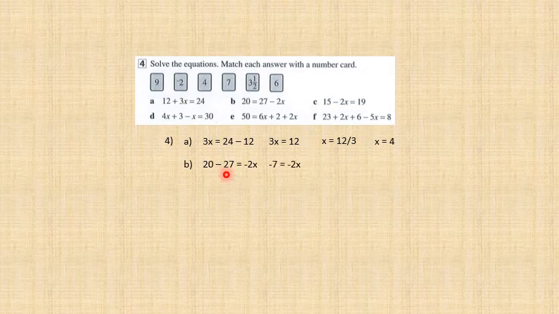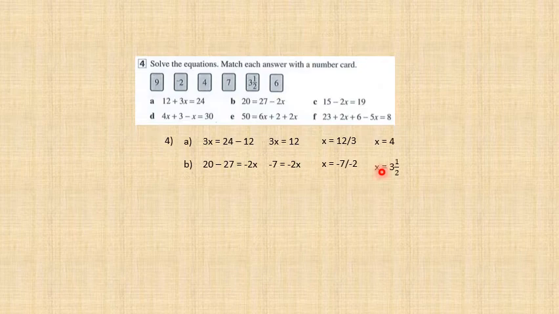So here 20 minus 27 is equal to negative 7, equals negative 2x. Then I will divide by negative 2, so I have negative 7 divided by negative 2. If you remember, negative divided by negative equals, exactly, positive. So it's going to be equal to 7 over 2, which equals 3.5, which is this card. I can match it with this card.